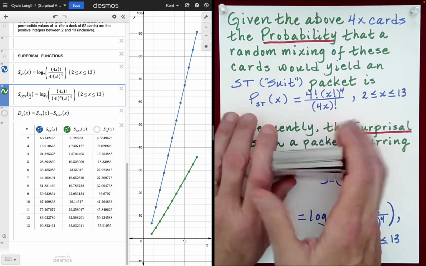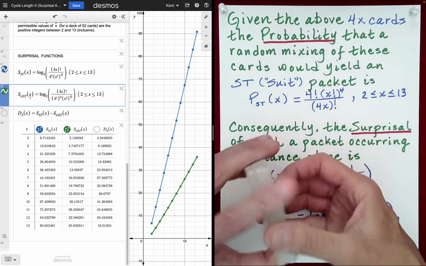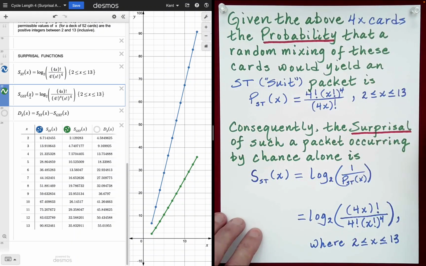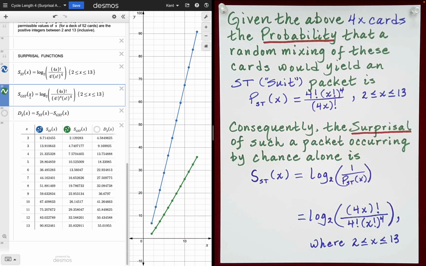And in fact, let's go ahead and just see how unlikely it is for a, quote, shuffled deck of cards to have that degree of structure. Well, that's what we're looking at here for the Surprisal function with the subscript GST, which means Gilbreath shuffled packet, in which the suits repeat in some consistent order throughout.